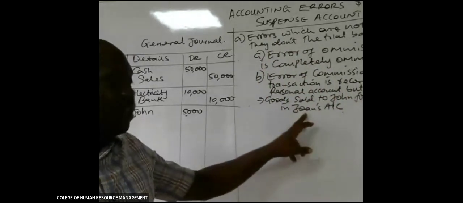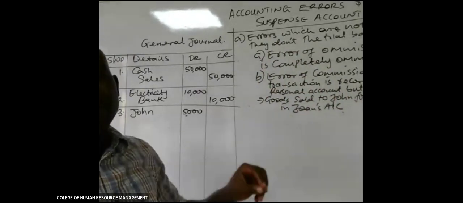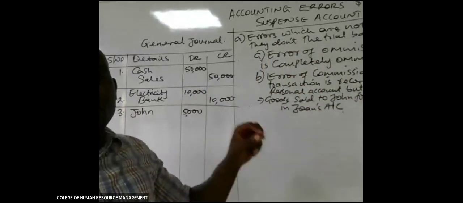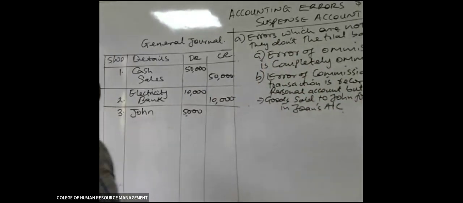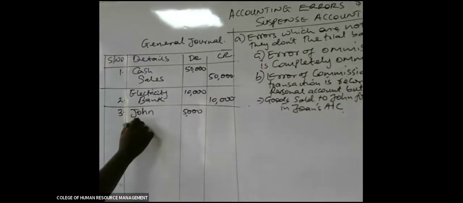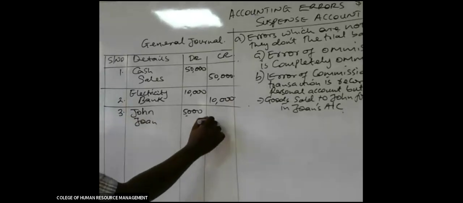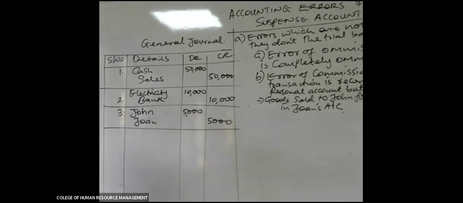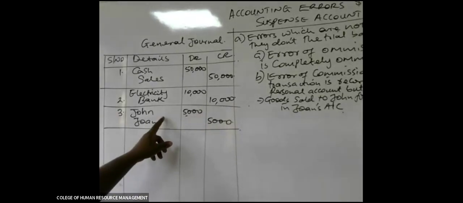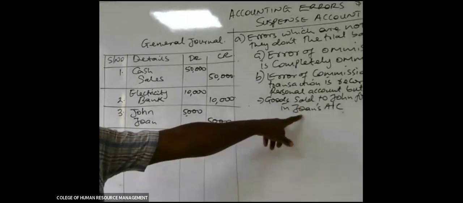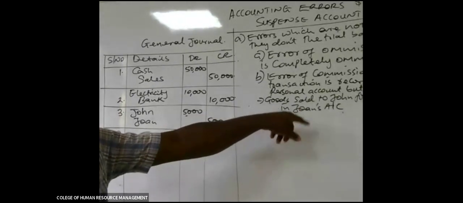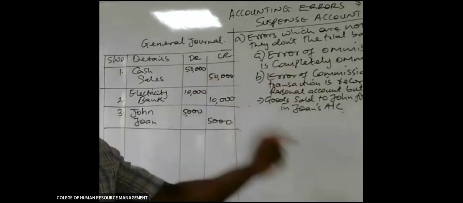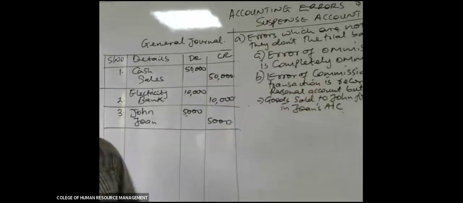And how do you reverse? If it was debited in the wrong account, to reverse it now, you will come and do a credit. This account was initially debited, meaning that Joan was debited by mistake instead of debiting John.